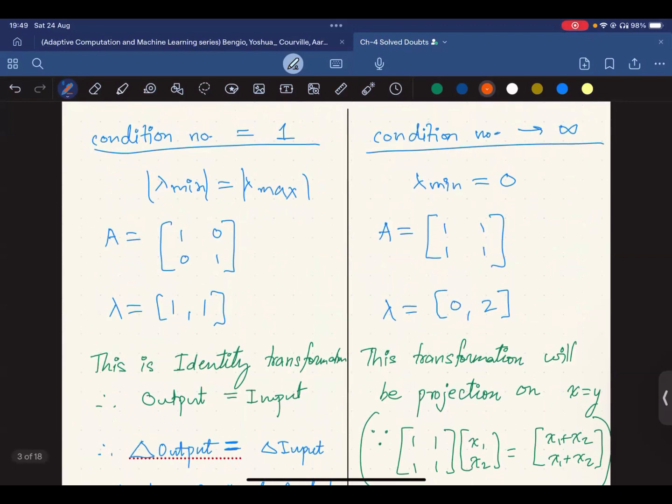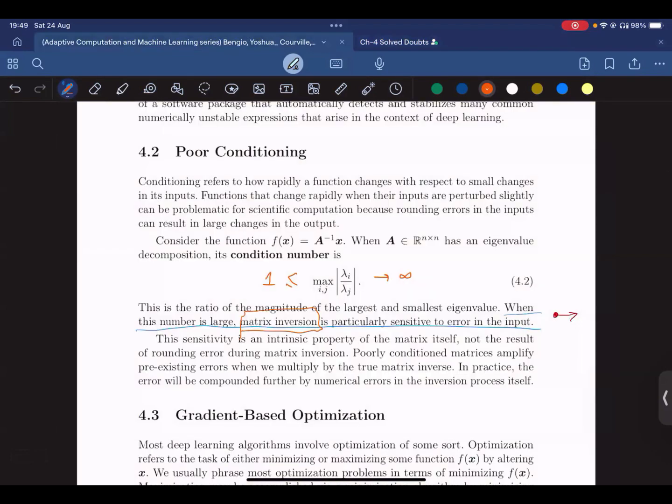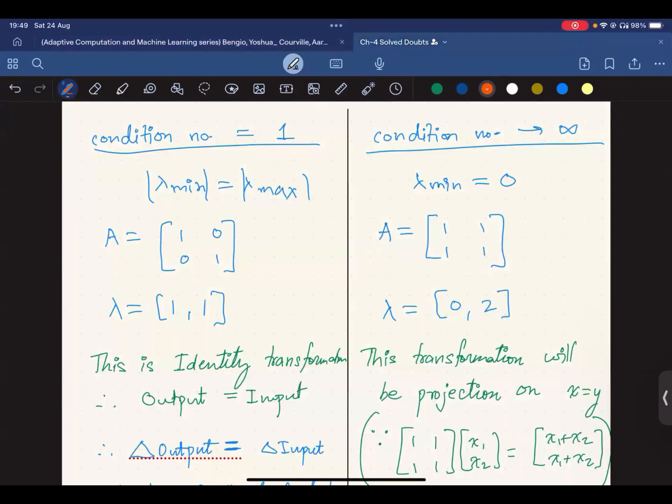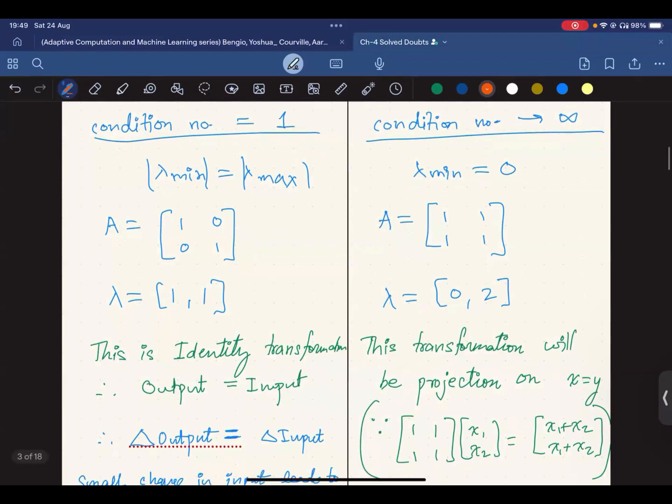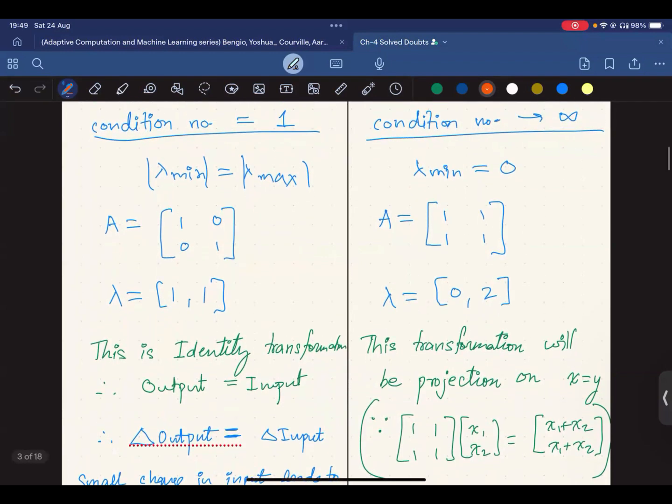Now, let us see the scenario when the condition number is roughly infinity. We can get a case where lambda minimum is 0, one of the eigenvalues is 0, and then this ratio tends to infinity. So let us consider the matrix 1 1 1 1, whose eigenvalues are 0 and 2, so the condition number is infinity.